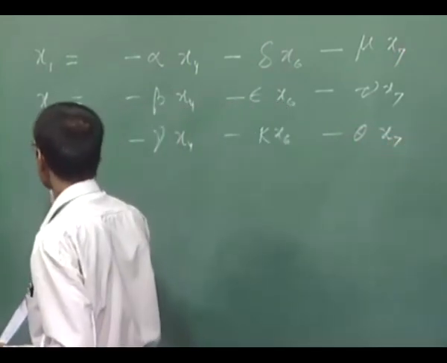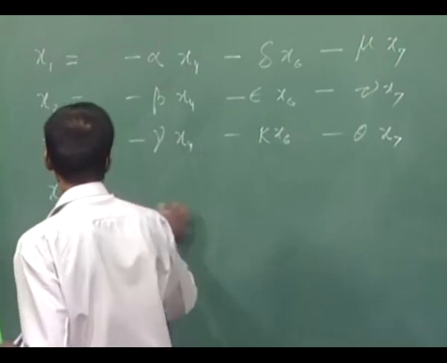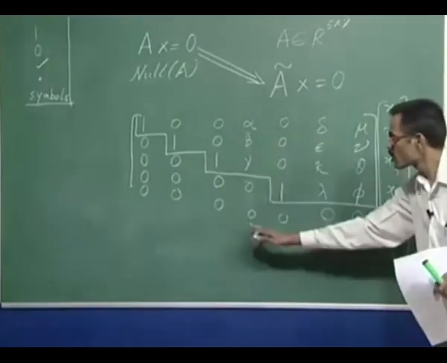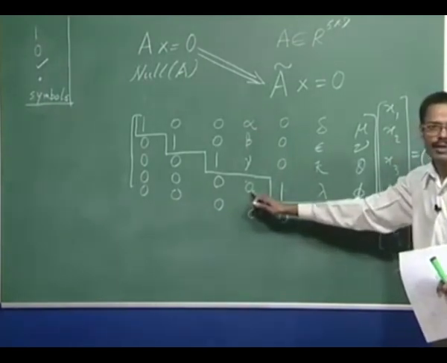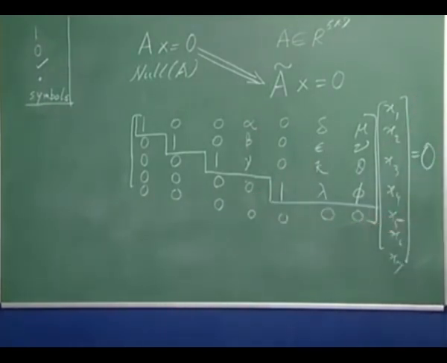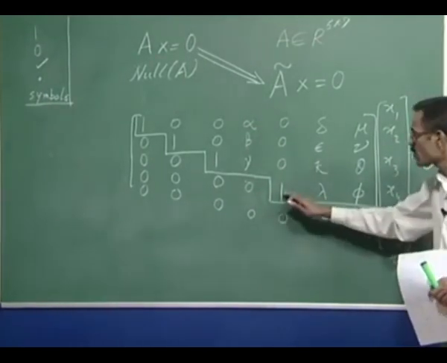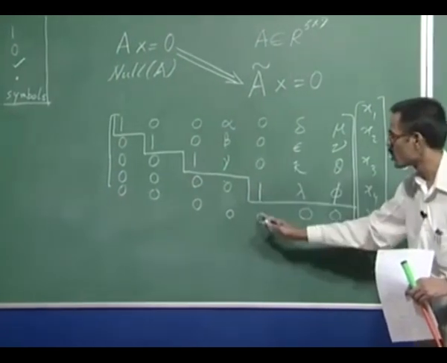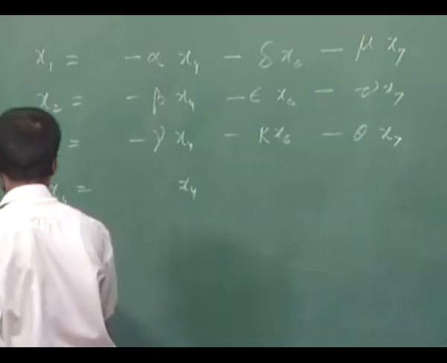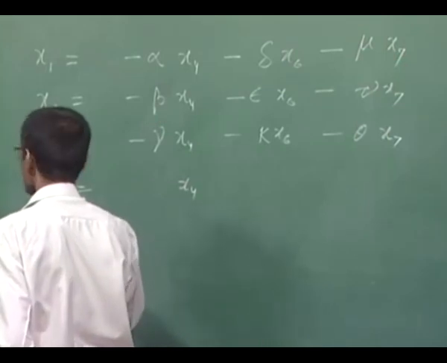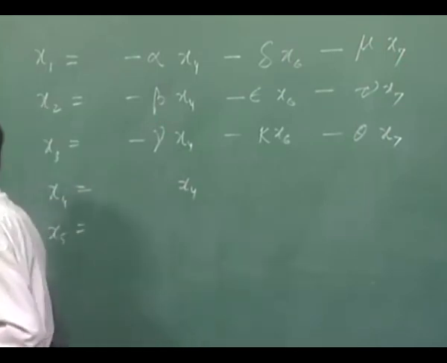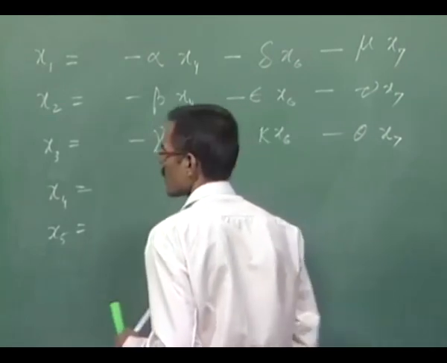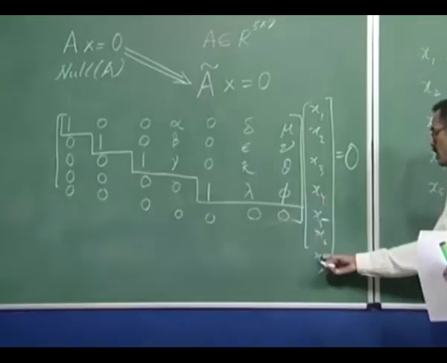x4 we write simply as x4 because the fourth column does not have a leading one. Then x5 is found from here, this is the leading one of the fifth column. So, x5 we get as minus lambda x6 minus 5 x7.